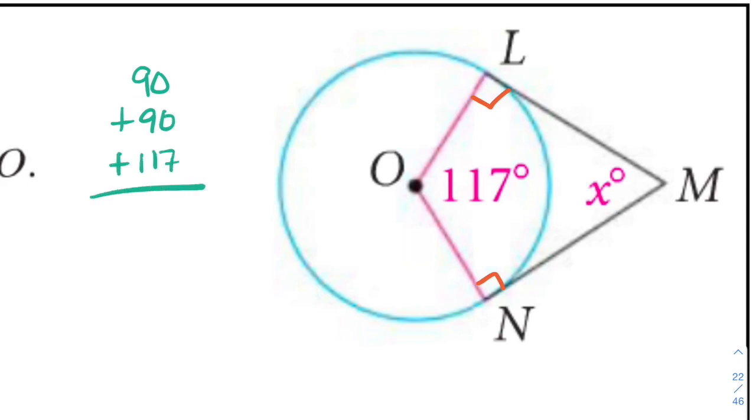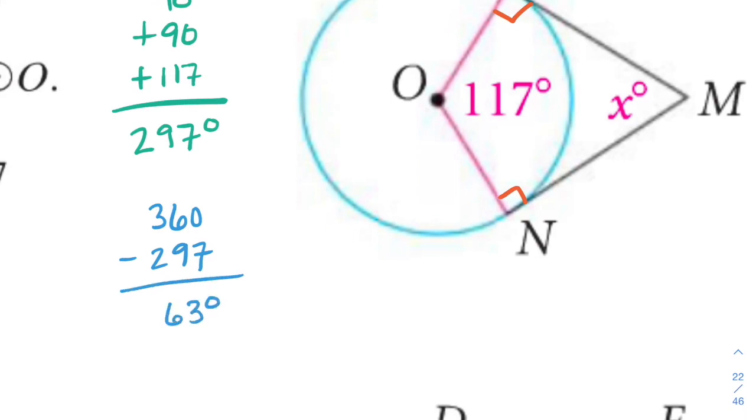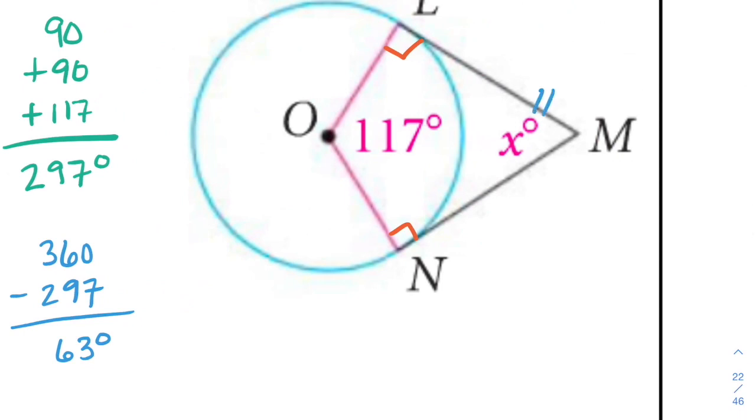So 180 plus 117, because I know that so far I have 297 degrees in this quadrilateral. Then I'm going to do 360 and take away the 297 that I already have listed, and that's going to leave me with 63 degrees. So x is going to have to be equal to 63 degrees.